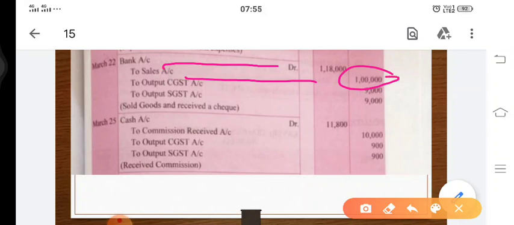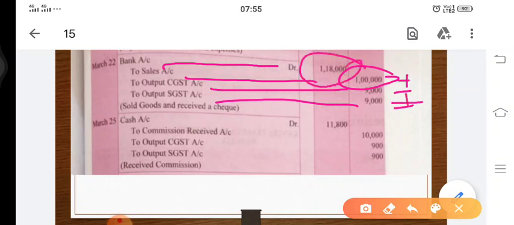This amount has to be paid to the government, and that's why we have to credit it as a liability. So to output CGST account and to output SGST account. 1 lakh ka 9%, 9,000, and here also 9,000. So the total amount that we have received is 1 lakh plus 9,000 plus 9,000, that comes to 1,18,000.